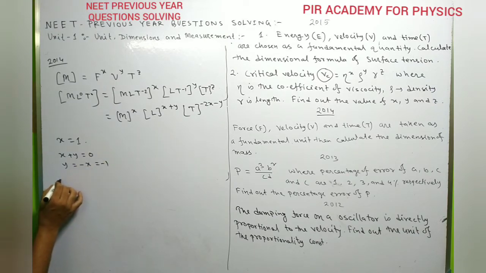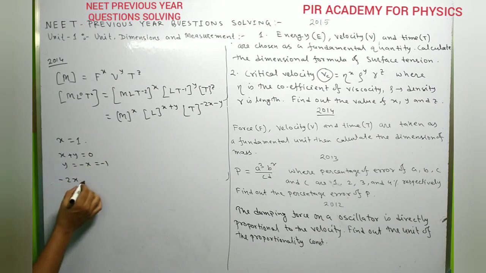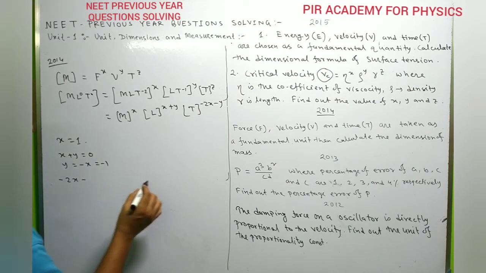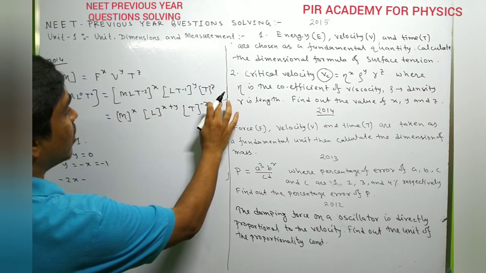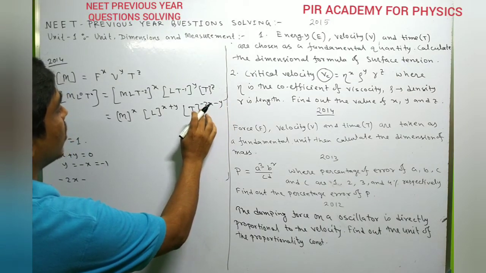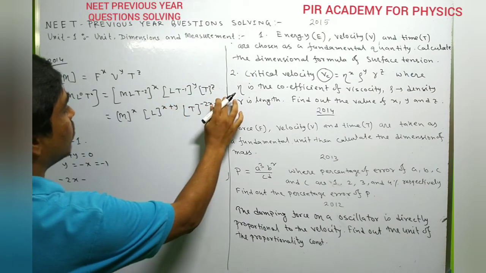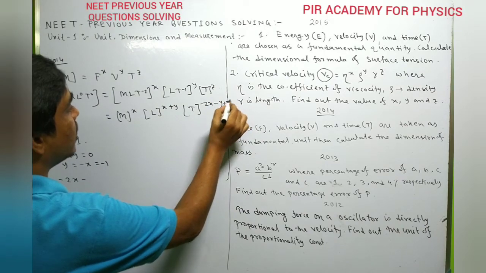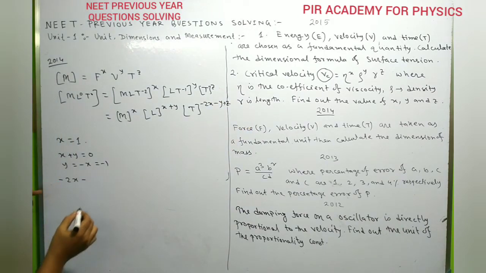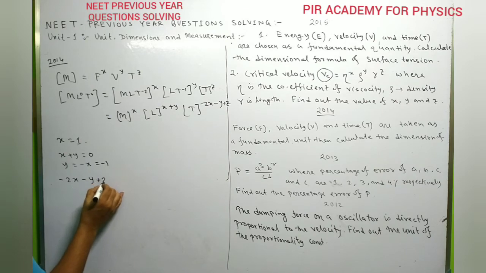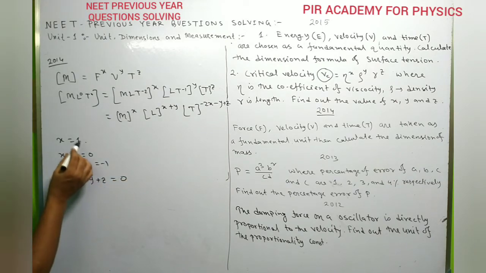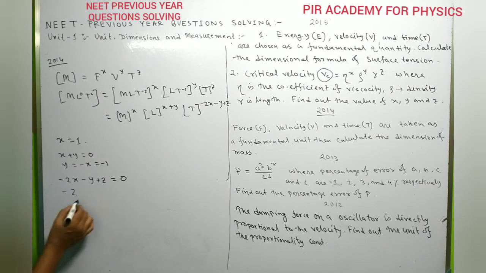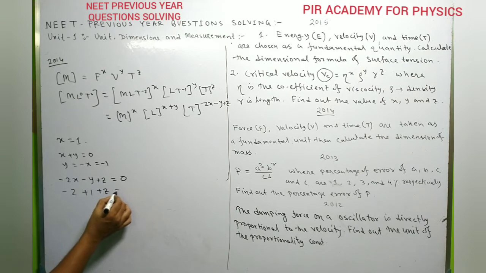And for this third condition, T to the power minus 2x minus y plus z, so minus 2x minus y plus z equals 0. So here x equals 1, y equals minus 1, and plus z equals 0.